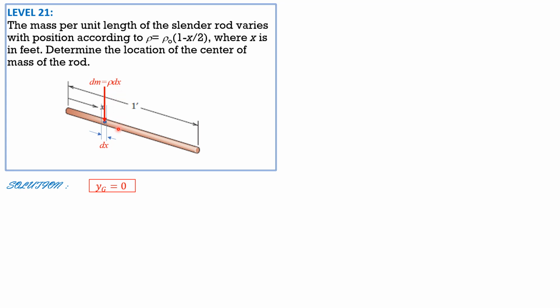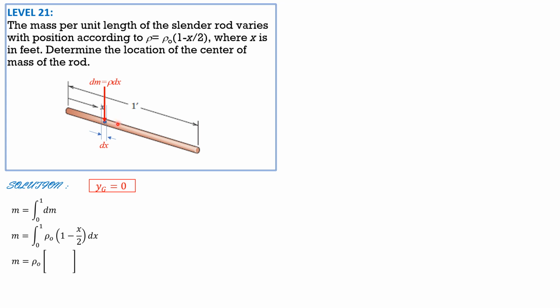By Varignon's theorem, let's compute the mass by integrating this differential mass. So mass equals integral from 0 to 1 of differential mass, which is the integral 0 to 1 of rho sub O quantity 1 minus x over 2 dx.